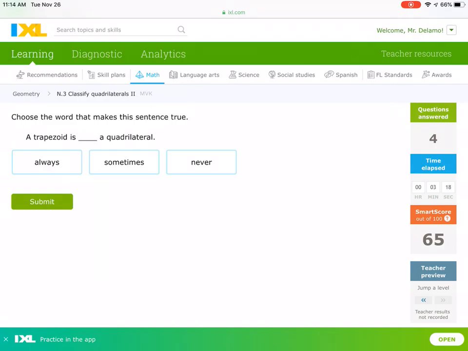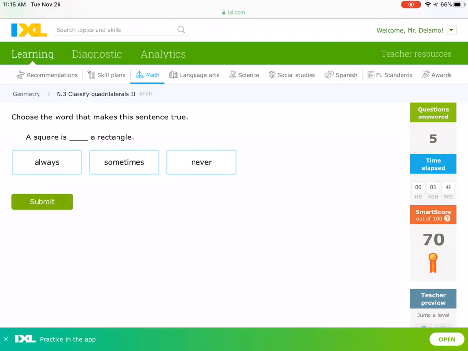The reason I jumped to that property is because that's what we're comparing it to on the right there. It says a quadrilateral. So I know that the only thing you need to be a quadrilateral is that you have four sides. And a trapezoid always has four sides. So it's always a quadrilateral.